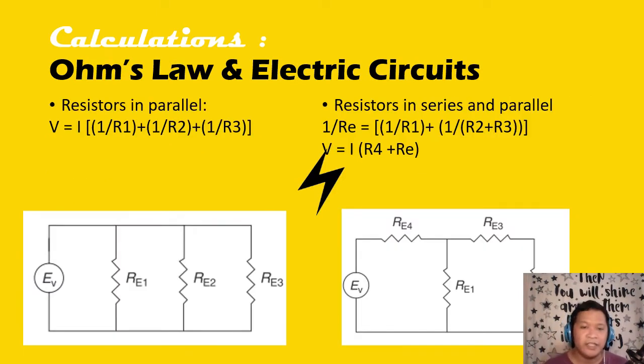Okay, on the other hand, if you have resistors in parallel, as is the case with this one, so the voltage is simply the current multiplied by the sum of the reciprocals of the resistors. On the other hand, if you have a somewhat complicated combination of resistors in series and parallel, so you just analyze them accordingly by breaking them down.